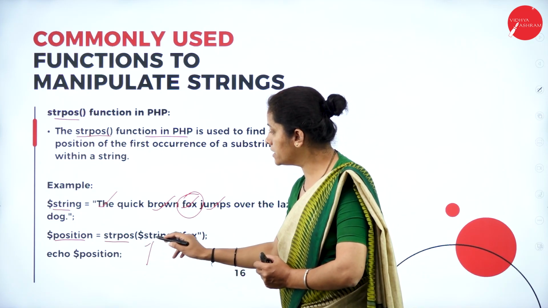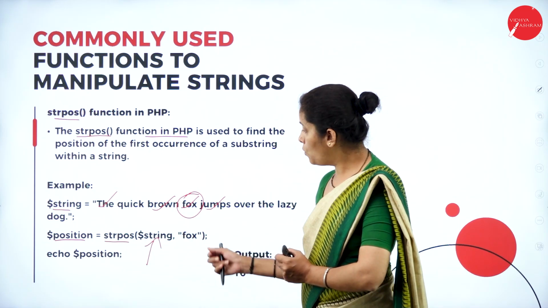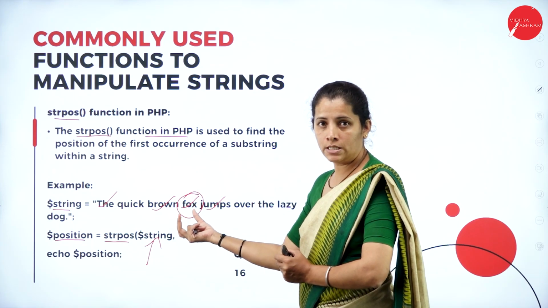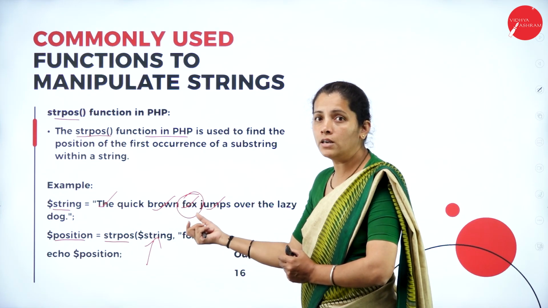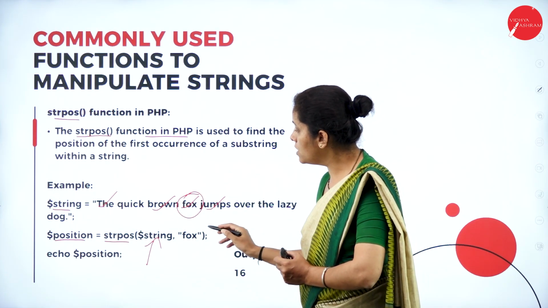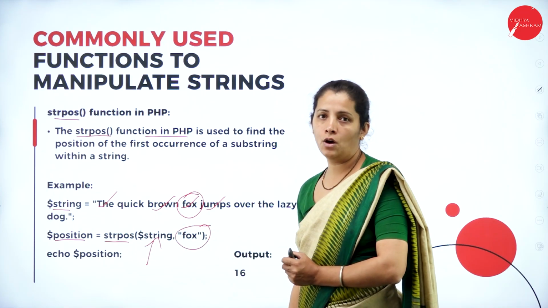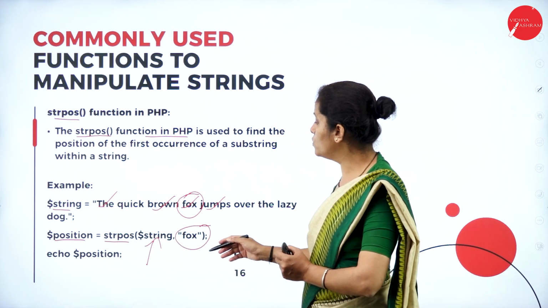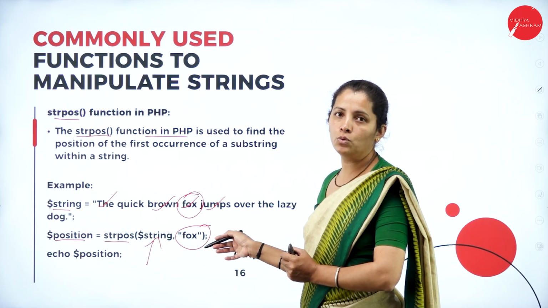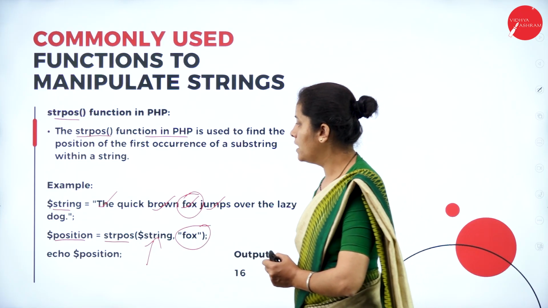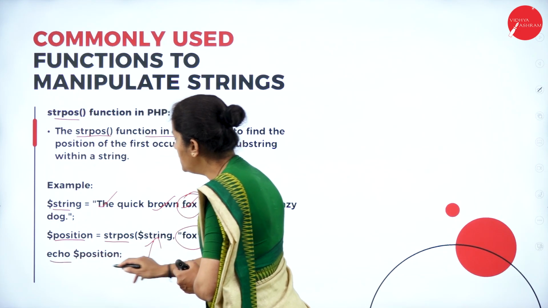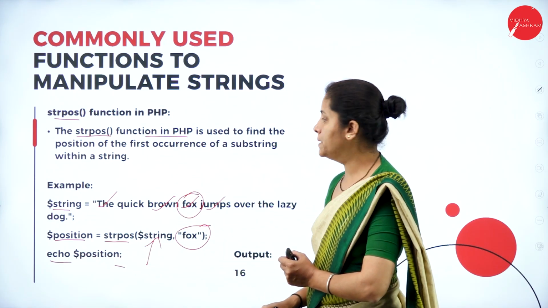One is the string, the actual string. In that, what word I want to find, that is my second argument. So I just want to find fox. I want to know the position of the fox, and I'm displaying the position.